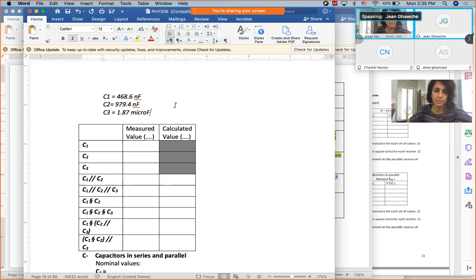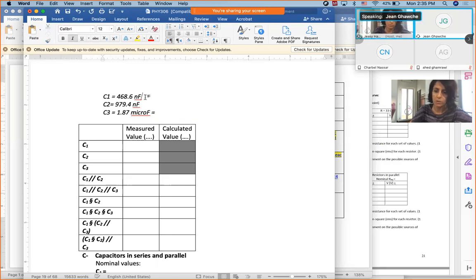So I did not know how to add the three of them in parallel. I did not know how to add them because of significant figures. I needed to transform them into the same unit. So I did that. I transformed them all into microfarad.